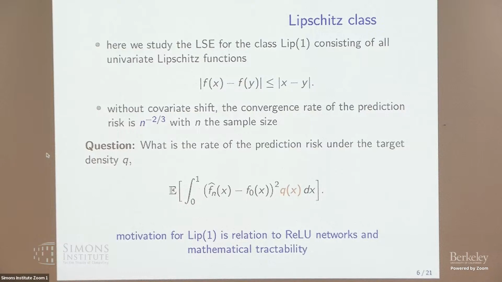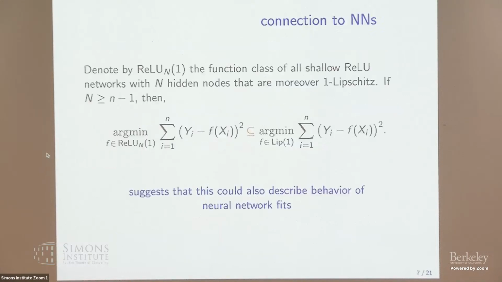The second reason is that it's related to ReLU networks, because they also generate piecewise linear functions. In the one-dimensional case, with a shallow network with n hidden units, you can represent all piecewise linear functions with, say, n+1 pieces.